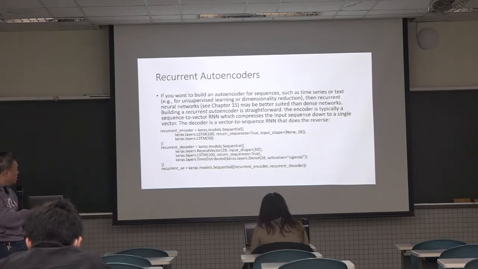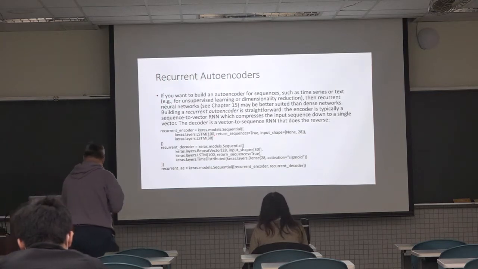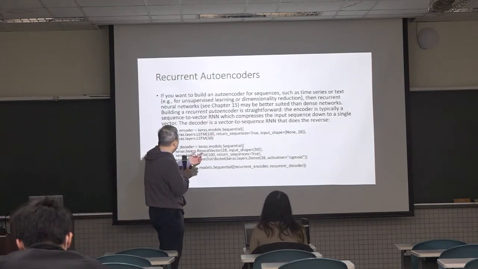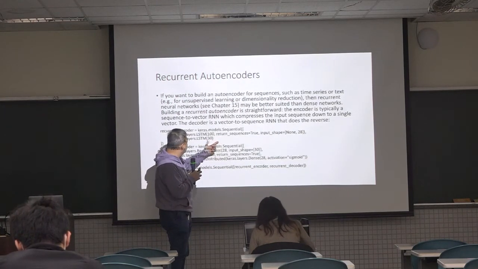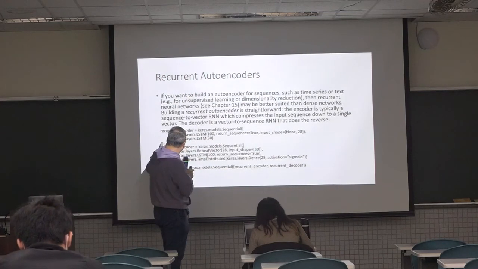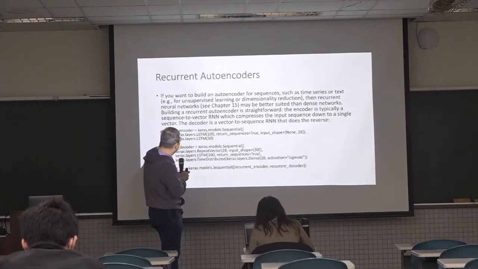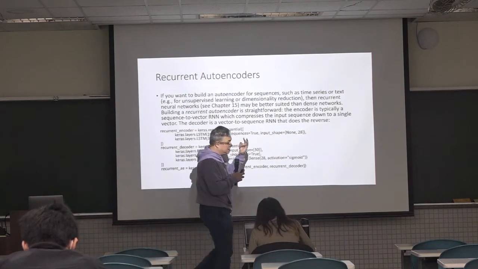And then here we use RepeatVector 28 on the 30. For this one, remember, there is no return_sequences set to True for the last layer in the encoder. So this output is going to be just the last output, which is 30.